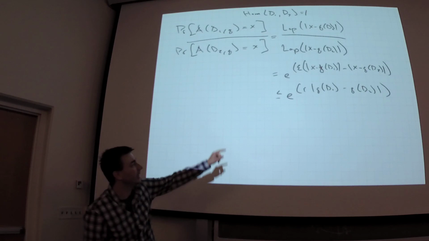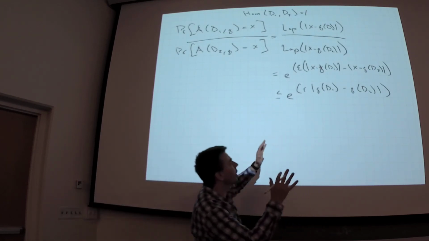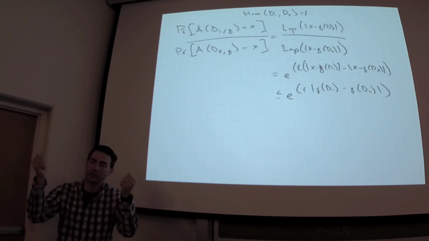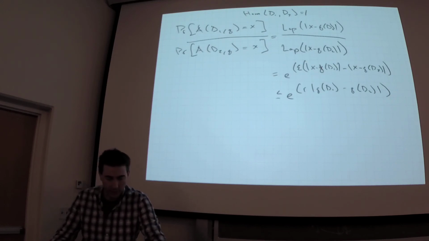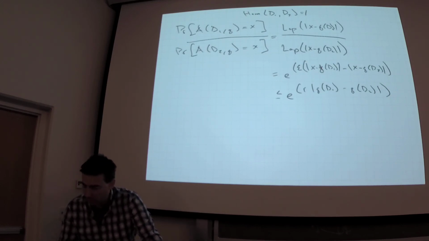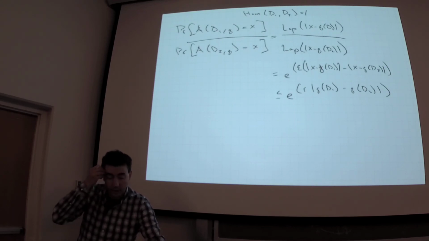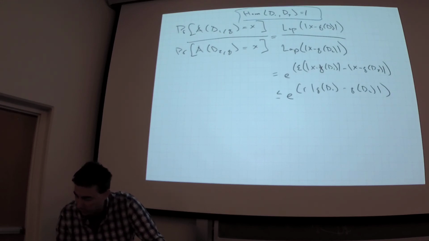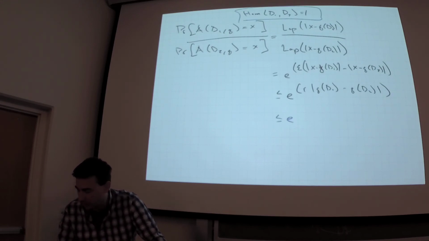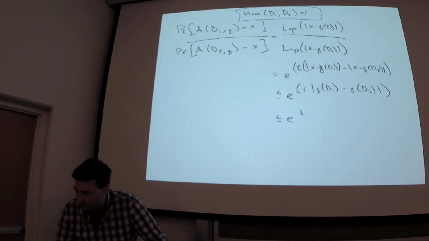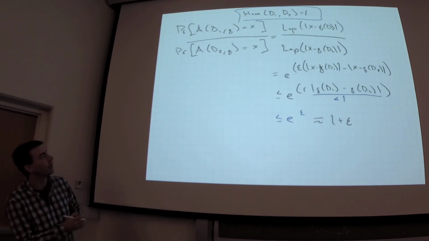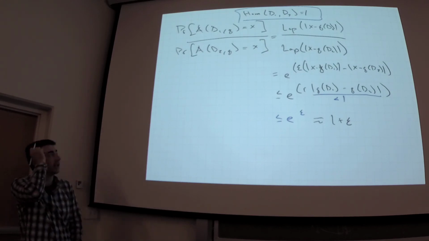There are some absolute values in here, but it's no worse than this, because x is the same. Is it actually this value that I'm seeing? And so I know that the difference in the queries is going to be less than 1, then I can say that this is less than e to the epsilon, because I know that this term is less than or equal to 1, and this is approximately equal to 1 plus epsilon.